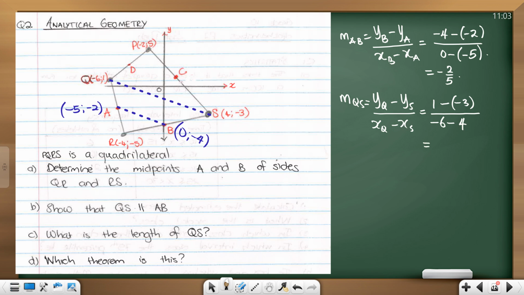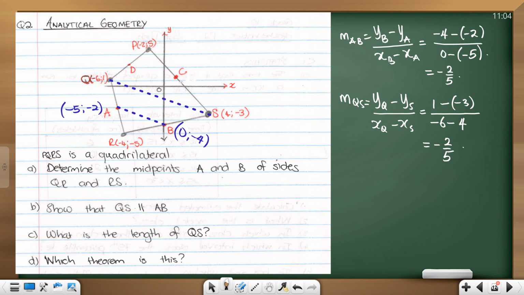What's your answer here? Why are you guys getting wrong answers? You first gave me 2 over 5, then you gave me 0, 2. If I didn't insist, in an exam where no one is insisting for you to redo it, you get wrong answers over simple things like this.